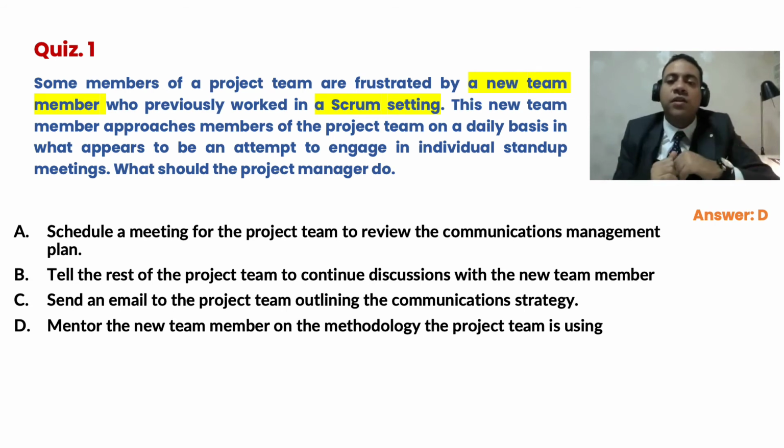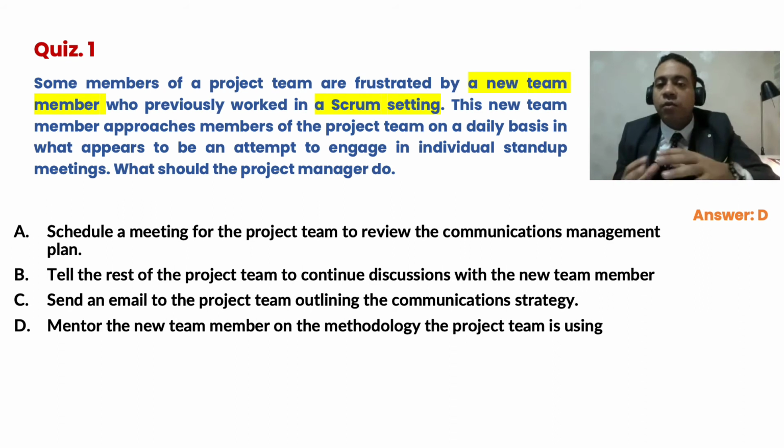If we go through the other answers, such as A, B, and C. A, schedule a meeting for the project team to review the communication management plan. There is no problem here with the communication management plan, so answer A is wrong. What about answer B?